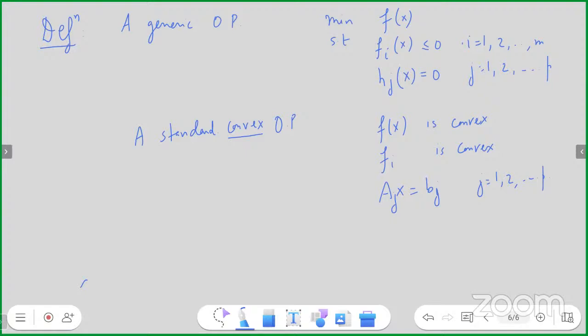Give an example which is not convex according to my definition of convex.